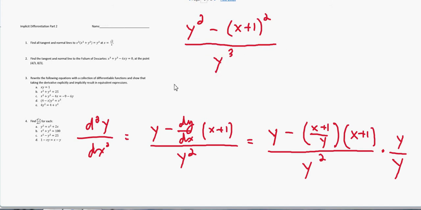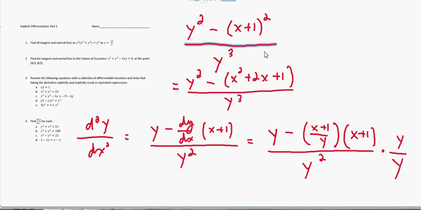Actually, I'll just show you what I'm talking about. If you keep simplifying this, check this out. You're going to get y squared minus x squared plus 2x plus 1, over y cubed. That's if you expand that out. Now, the reason I'm showing you this is because if you look at x squared plus 2x, let's go back to our original equation. x squared plus 2x, for points on this curve, has to equal y squared.